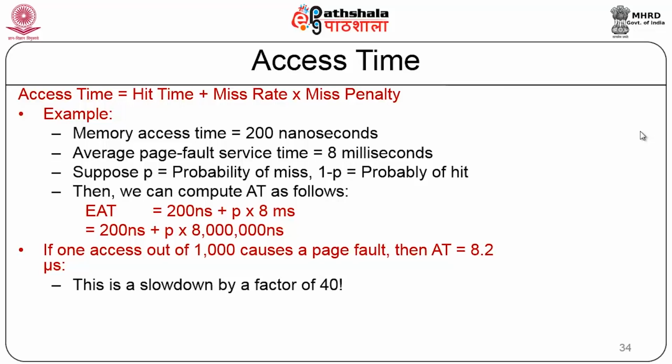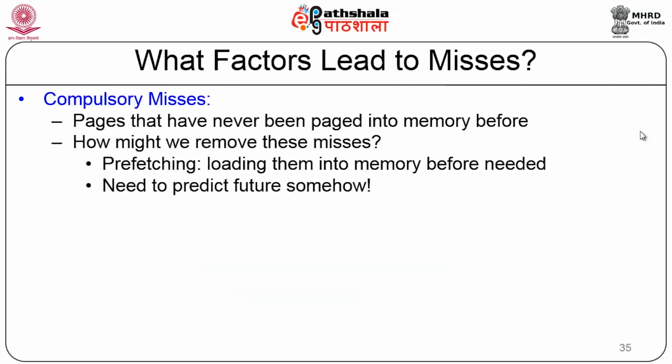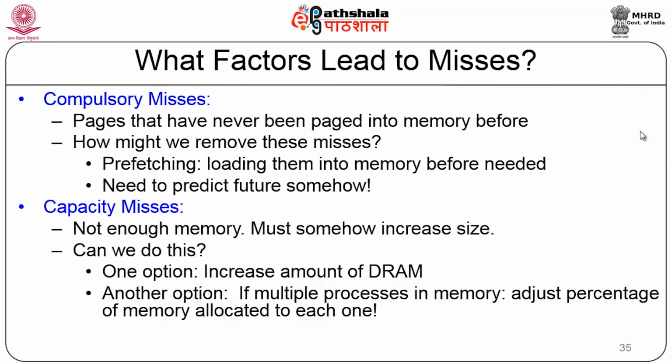So you can imagine how much of a miss penalty you have to pay, because a miss penalty here means that you will have to bring the page from secondary storage to main storage. So if you want to reduce the slowdown to 10%, you can see how much modification you will have to do. Now, what factors lead to misses? As before, it can be compulsory misses, because the pages have never been seen before.